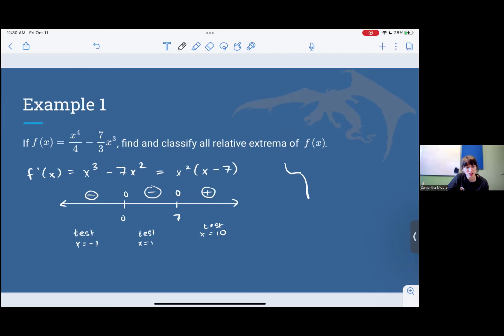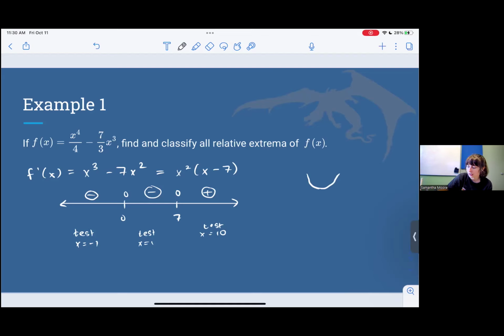So I don't end up with a max or a min. I just have a pause in my decreasing is all that happens. So nothing super exciting is happening at x equals 0. But at x equals 7, we go from decreasing, because f prime is negative, to increasing, since f prime becomes positive.